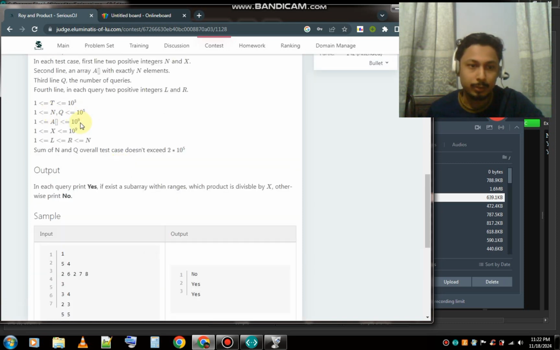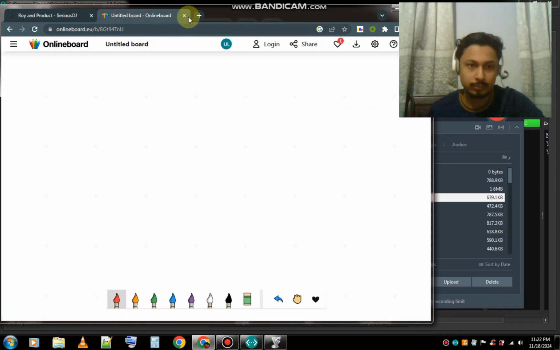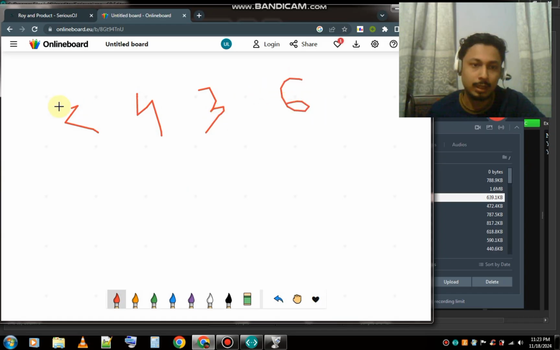And the range of n and q is up to 10 to the power 5. Let's see an array 2, 4, 3, 6, and a positive integer x equal to 12.